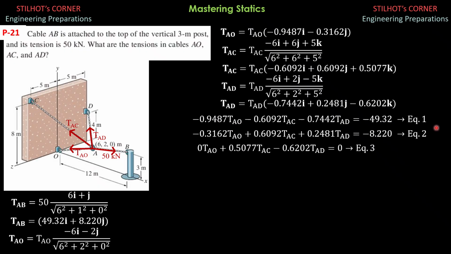So equation 3. Solving equations 1, 2, and 3 simultaneously, we get tension AO 43.32 kilonewtons, tension AC 6.745 kilonewtons, and tension AD 5.522 kilonewtons.